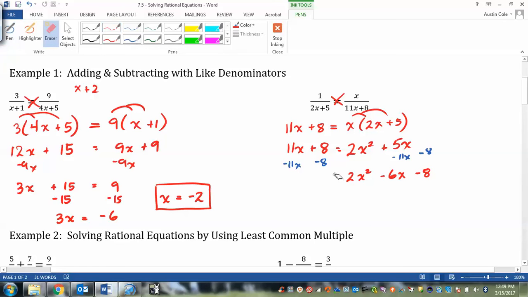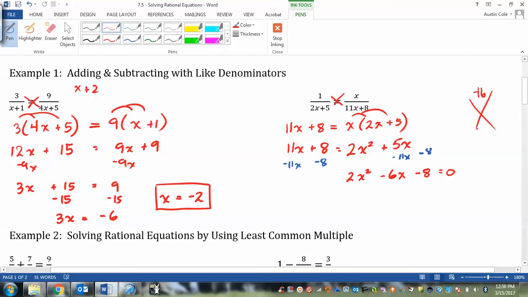I kind of like to have my 0 on the other side. Now what, Ralphie? 2 times -8, that's -16. Do we have factors of -16 that add up to -6?